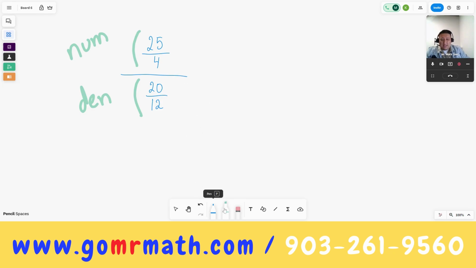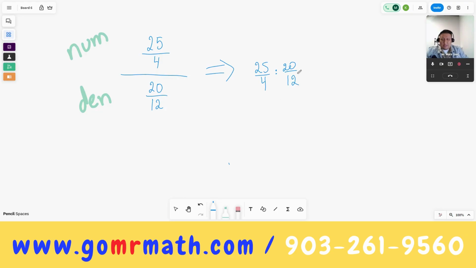We can see this specific example is very simple. We can just see it. This is equivalent. Let me put it here. This is exactly the same as having just 25 over 4 divided by 20 over 12. It means the same. Having the numerator and the denominator, this line of the fraction represents a division, a quotient.